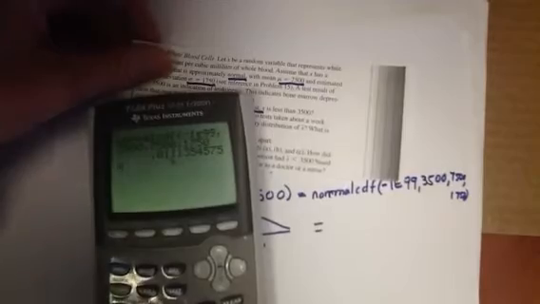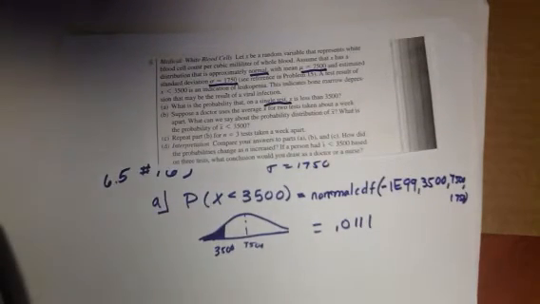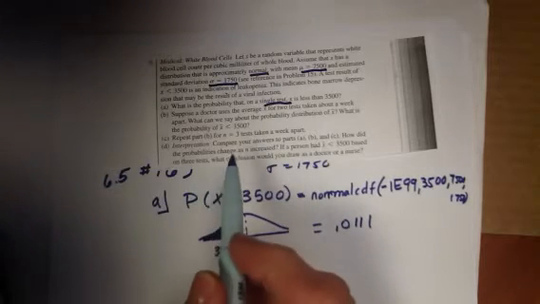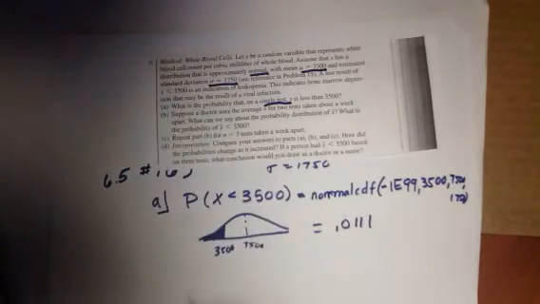So we get 0.0111. Okay? So as a percent, that's a 1% chance that someone has a blood cell count less than 3,500.